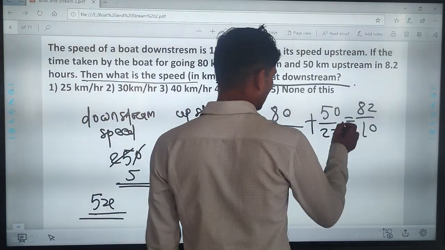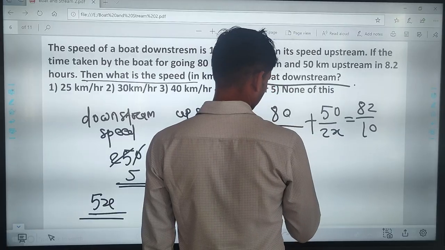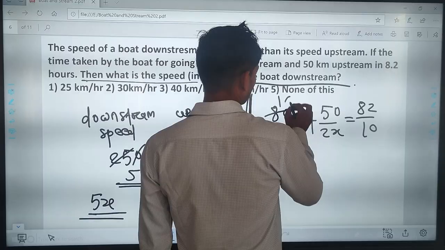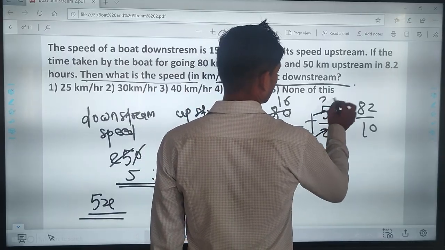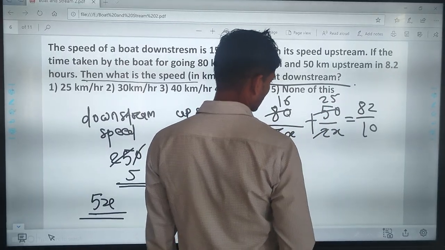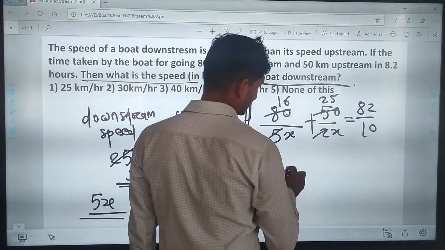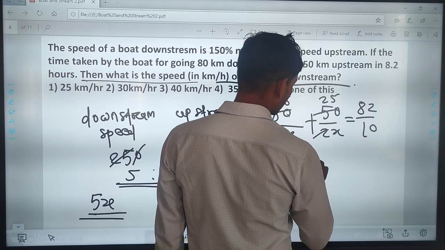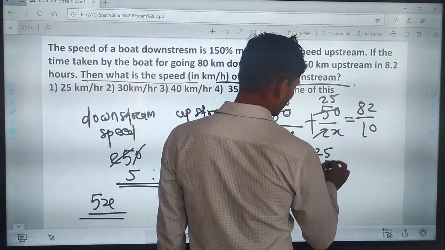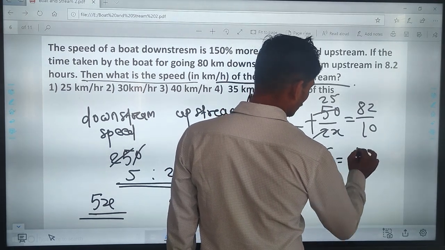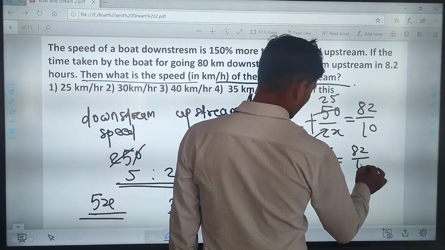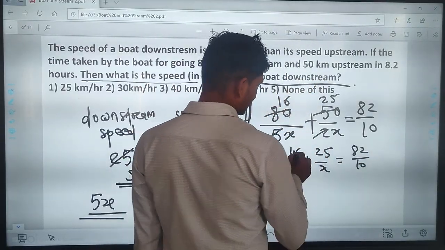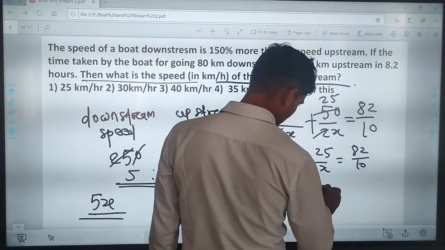Here we write 16 divided by x plus 25 divided by x is equal to 82 divided by 10. Addition of these two is 16 plus 25.